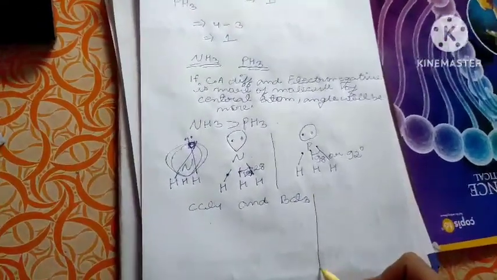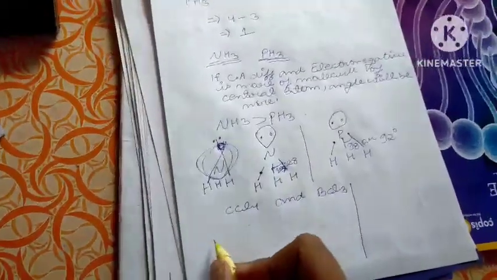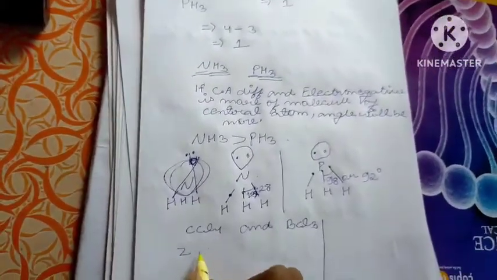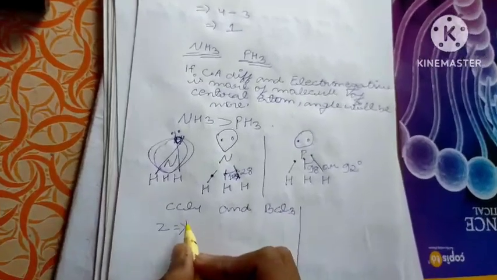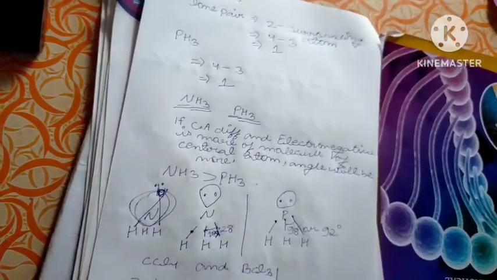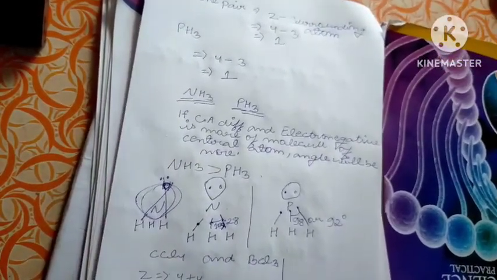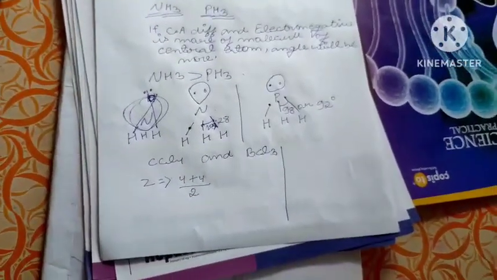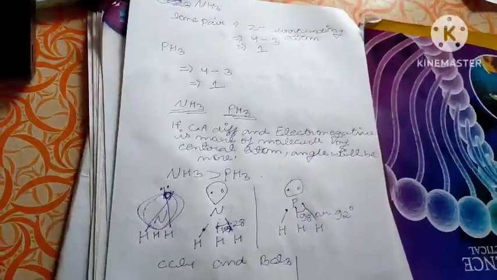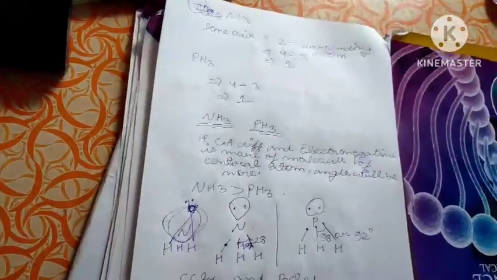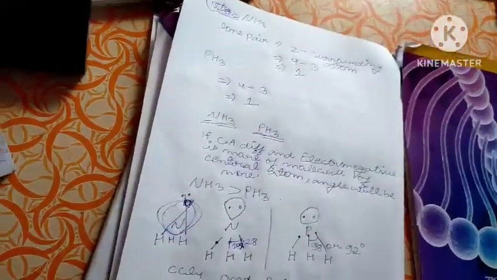So again we will calculate the value of Z. The valence electrons present in carbon are 4, plus 4, by 2. Here chlorine is a monovalent atom, and the value of Z is again coming 4. That means sp3 hybridization, right? It is of CCl4.